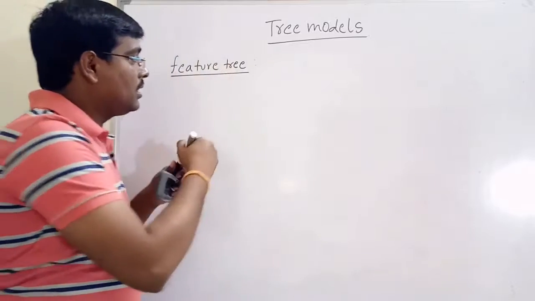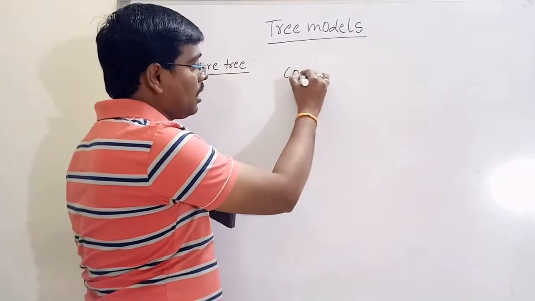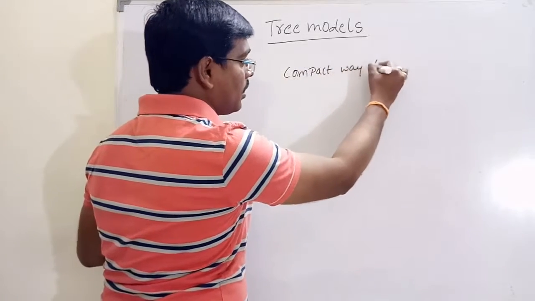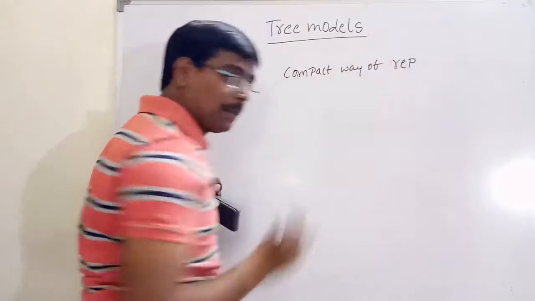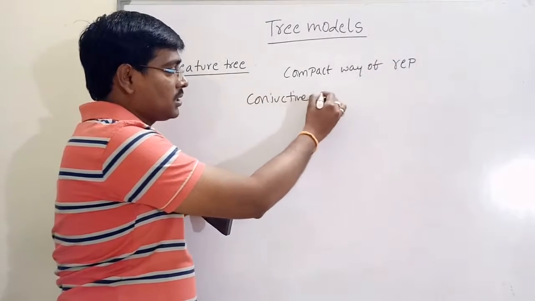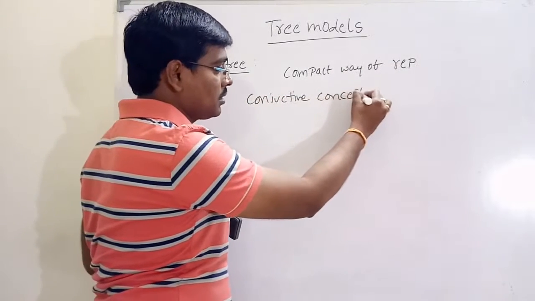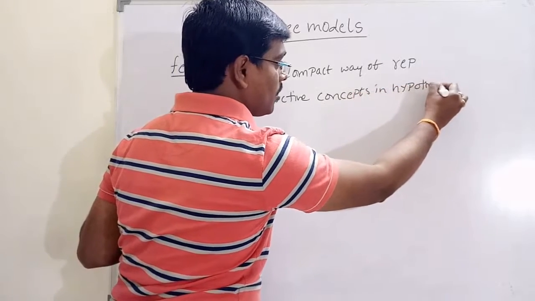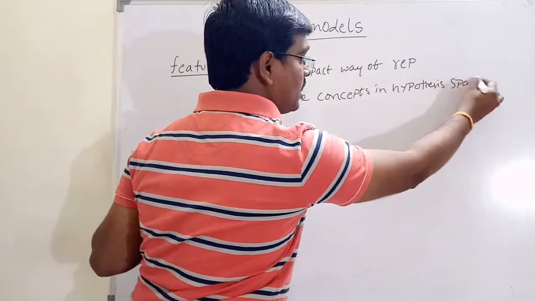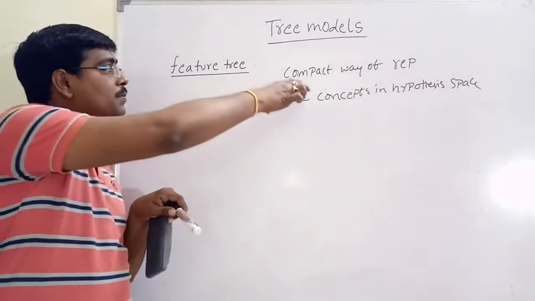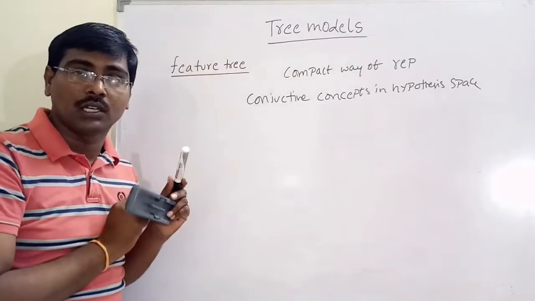This tree is a simple or a compact way of representing conjunctive concepts in hypothesis space. That is, hypothesis space contains some set of concepts. The concepts are represented in a simple format by using the feature tree.